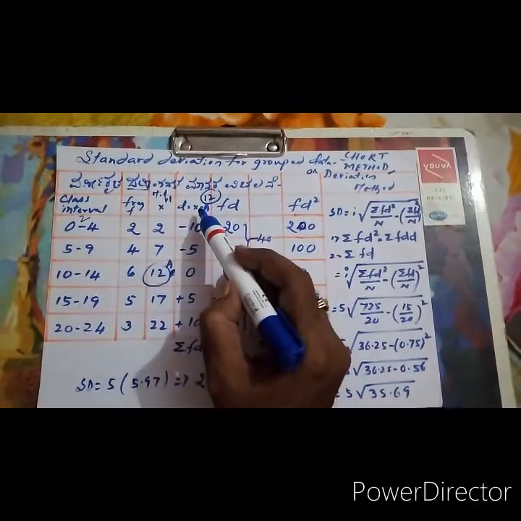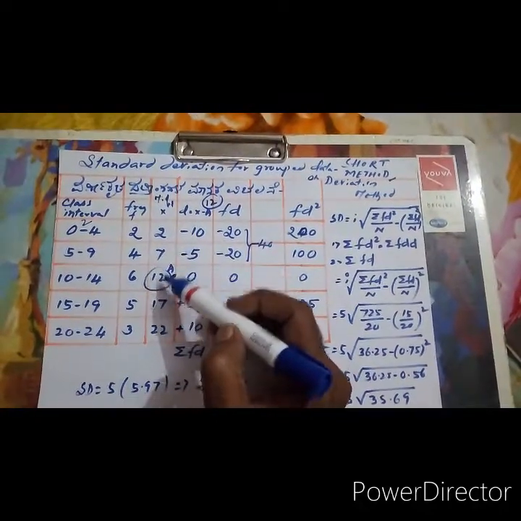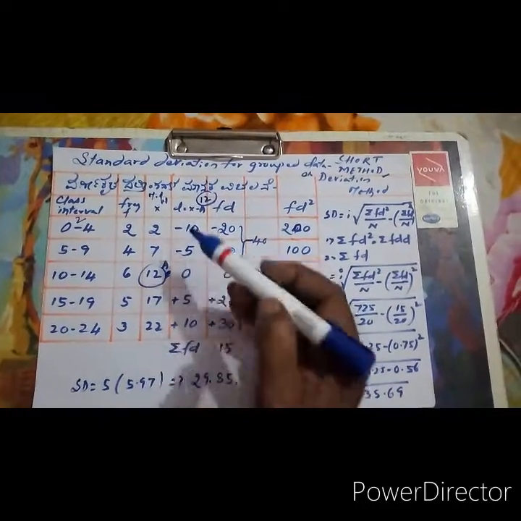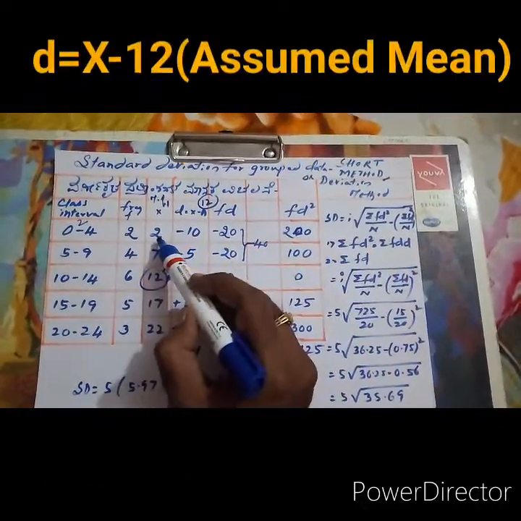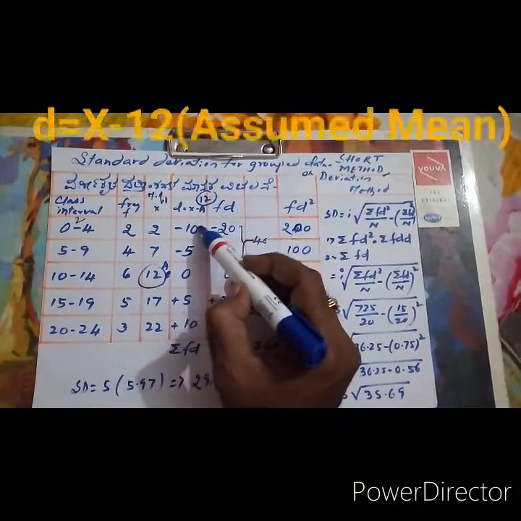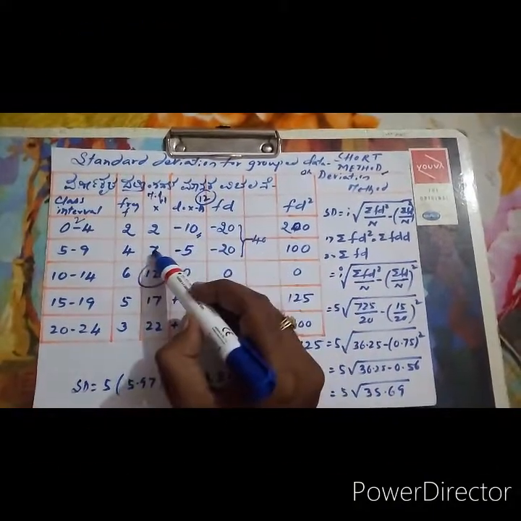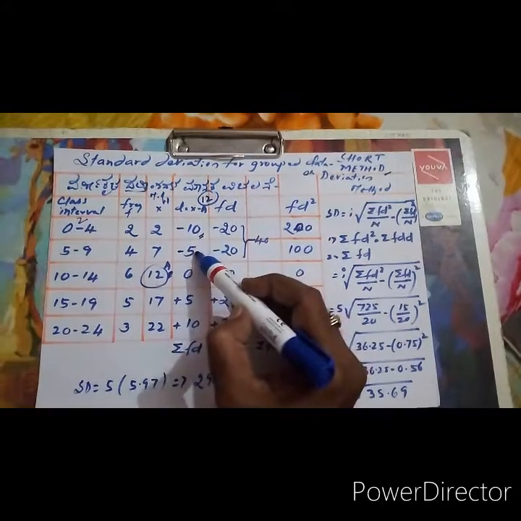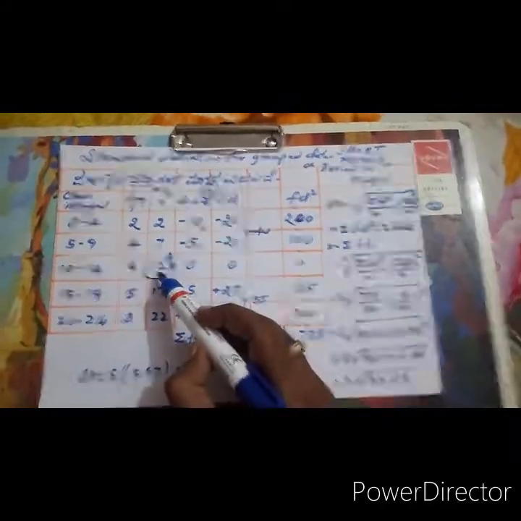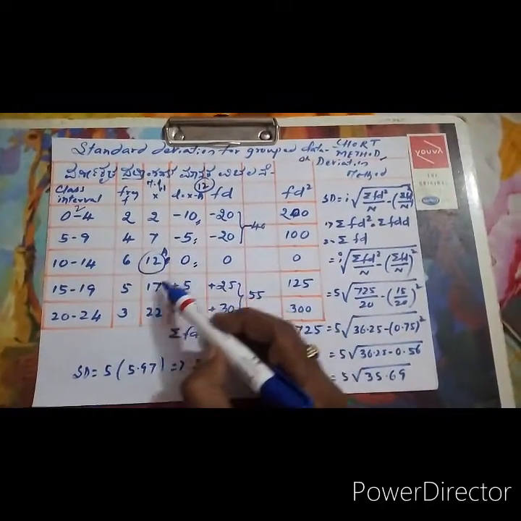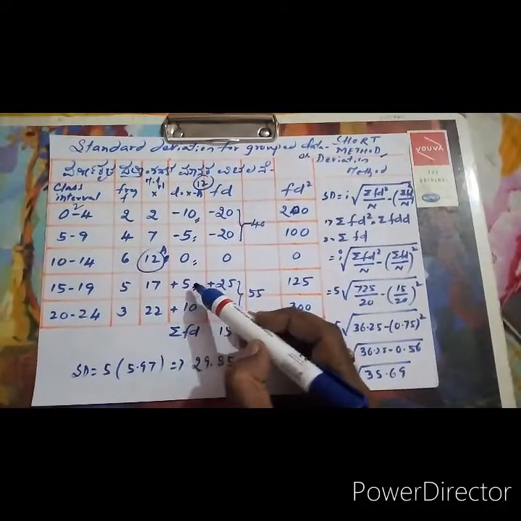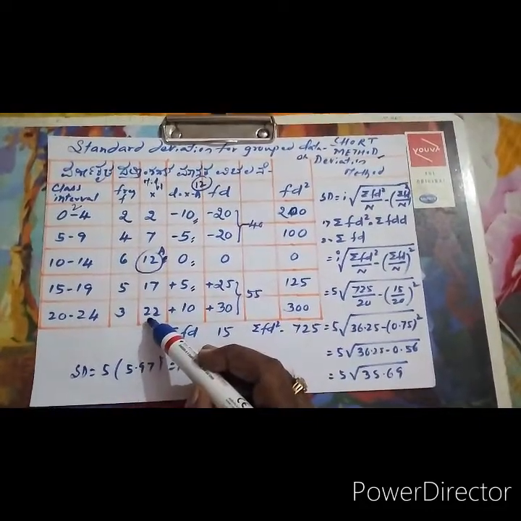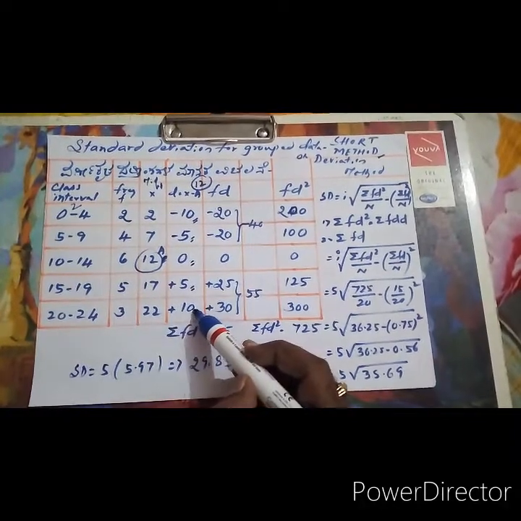Now you have to subtract this 12 from all the midpoints, that is x minus a. That is 2 minus 12 is minus 10, 7 minus 12 is minus 5, 12 minus 12 is 0, 17 minus 12 is plus 5, 22 minus 12 is 10.